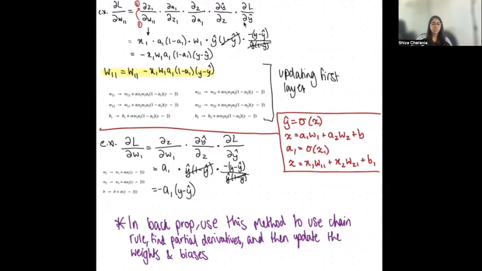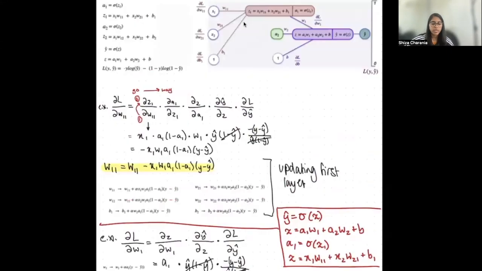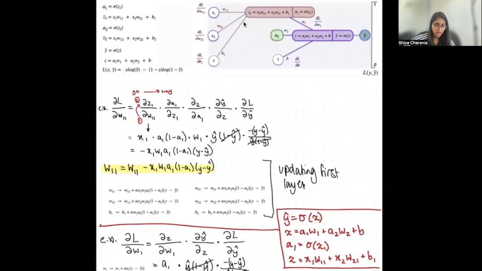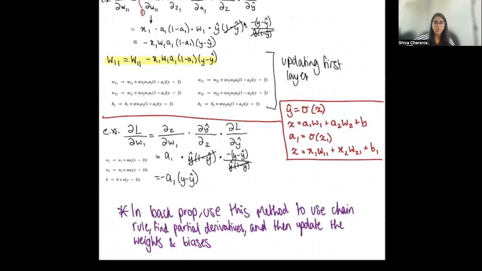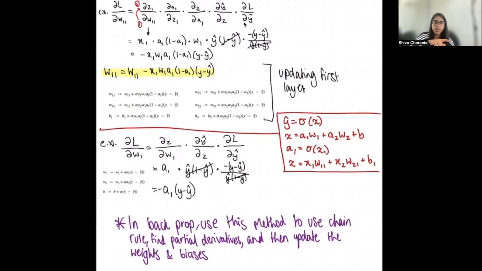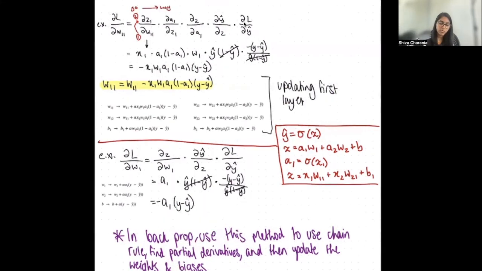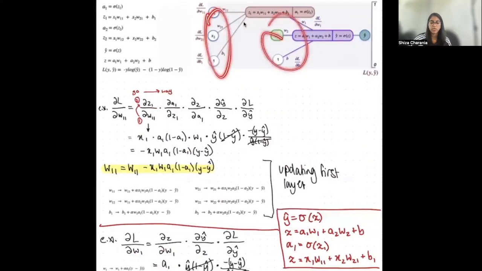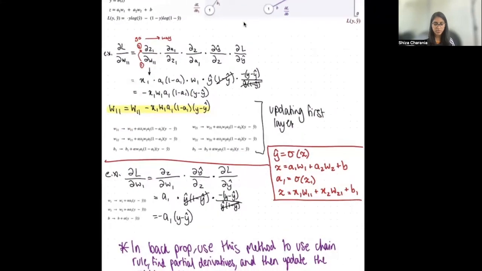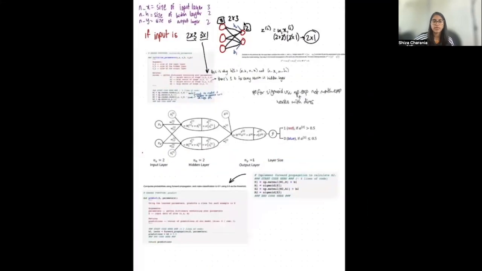And in backpropagation, you use this method of calculating the gradients with respect to certain variables and the function as a whole. You use the chain rule to find the partial derivatives with respect to each other, and then update the weights and biases, which are the parameters you want to update. And you would update all of them in the neural network. You would just keep doing that over iterations and iterations until you get the minimum. So that is pretty much what I learned in terms of calculus. Thank you.